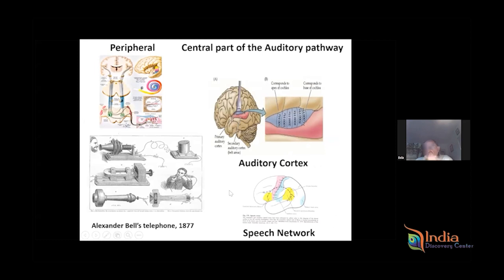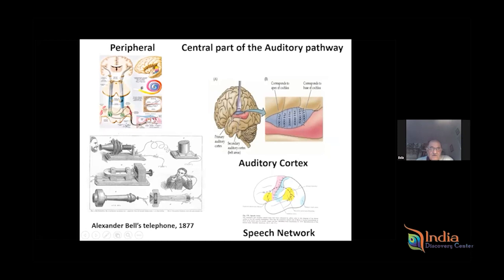If I turn now to our interest, the auditory pathway, that was also discussed in the previous seminars by Bharani and Prem.